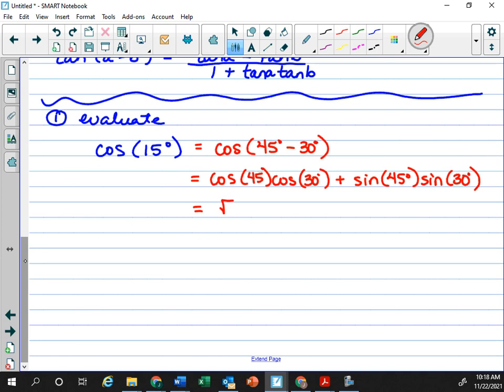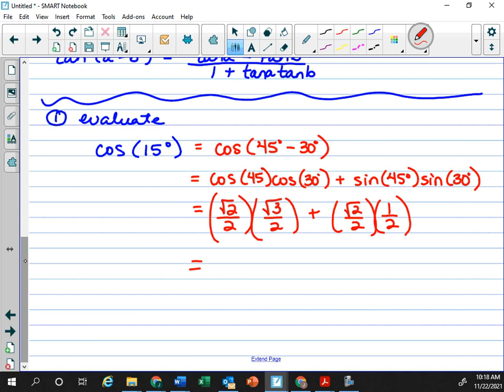Good. So that'll be times the cosine of 30. Plus, what is the sine of 45 degrees? Nice. And the sine of 30? 1/2. Okay.